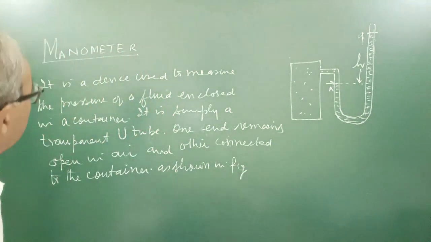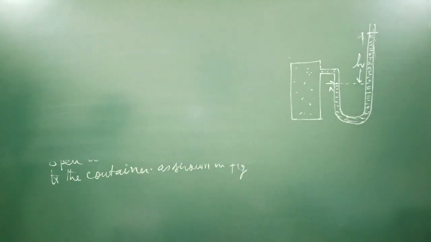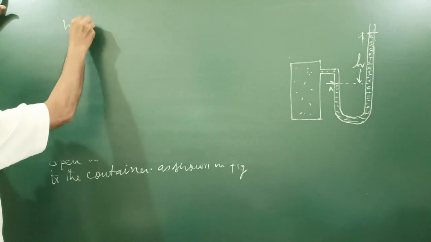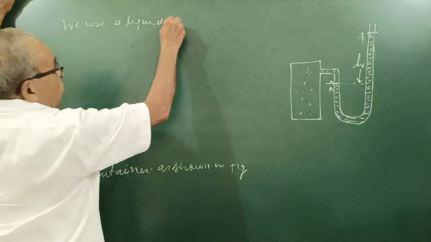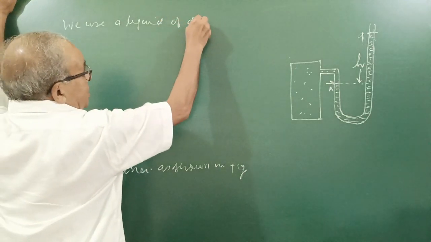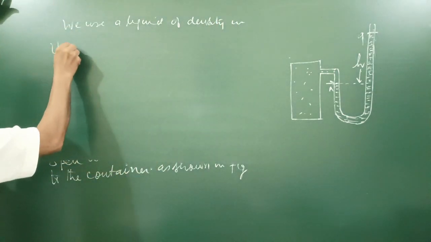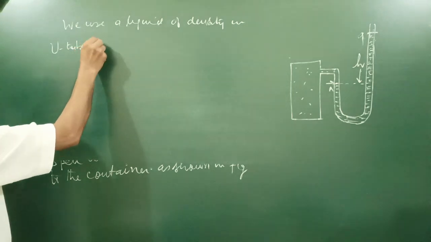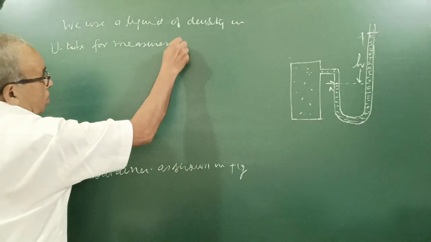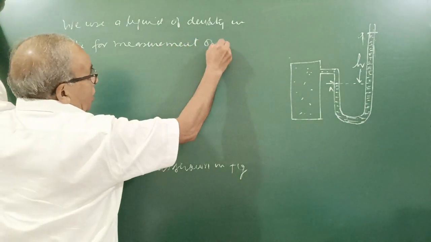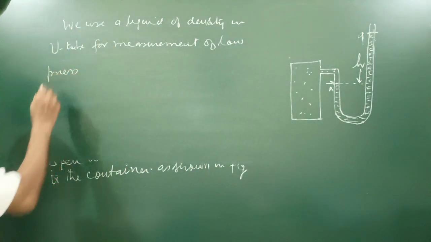So I am writing here, we use a liquid in the U-tube. We use a liquid of low density in the U-tube for measurement of low pressure, like an oil.